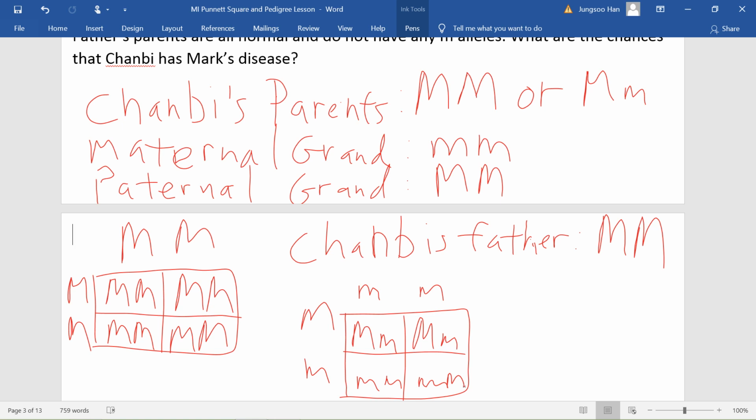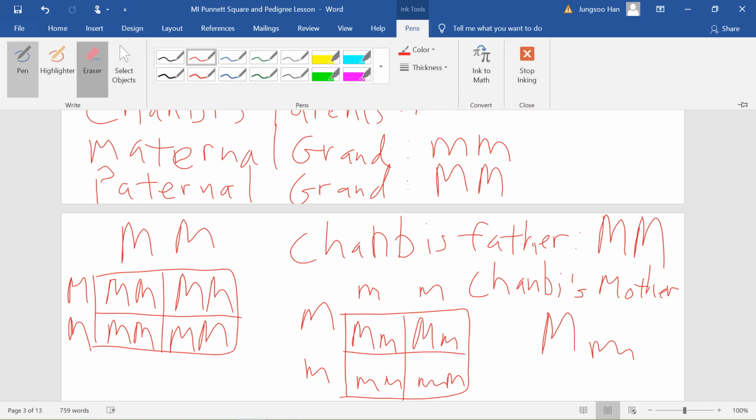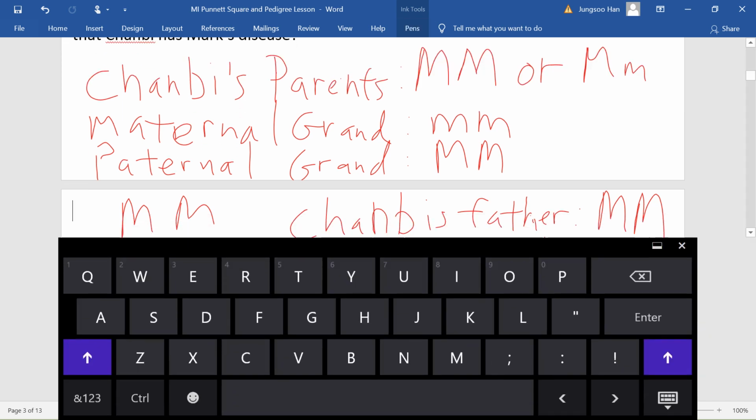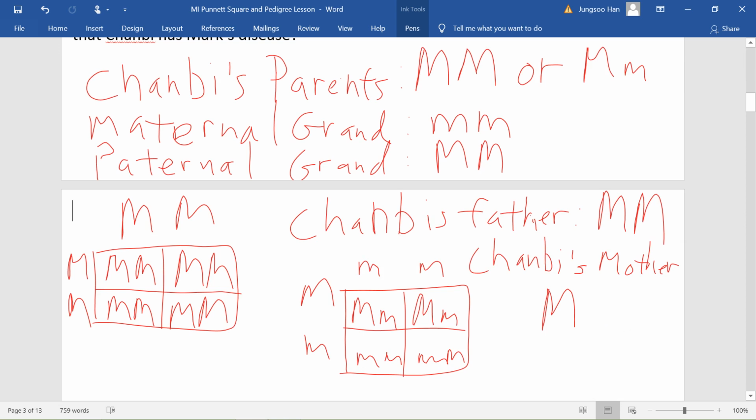So if this is the case right here, that means Chambi's mother's genotype has to be big M, little m. Okay, the reason why it can't be little m, little m is because then she would have Mark's disease. Okay.